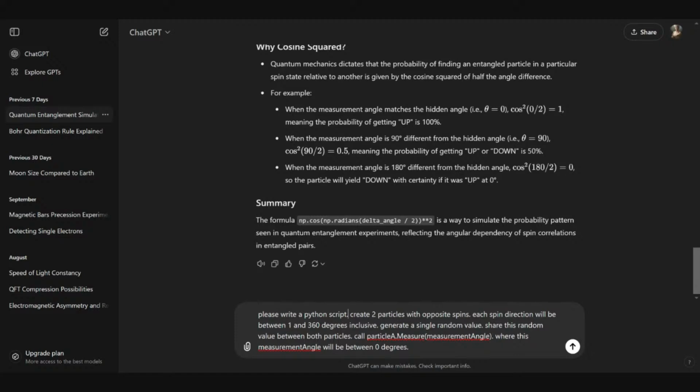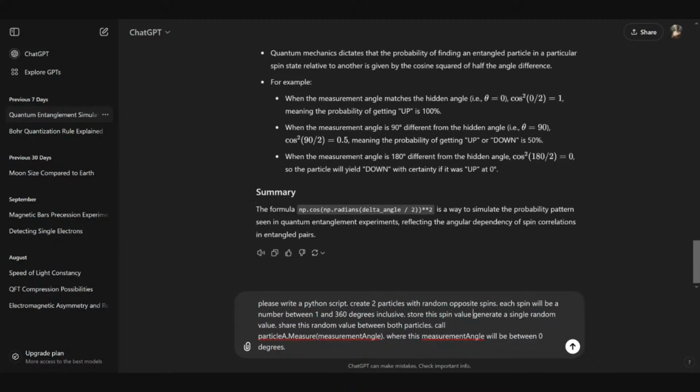So again, please write a Python script. Create two particles with random opposite spins. Each spin will be a number between 1 and 360 degrees inclusive. Generate a single random value and store this spin value with each particle.